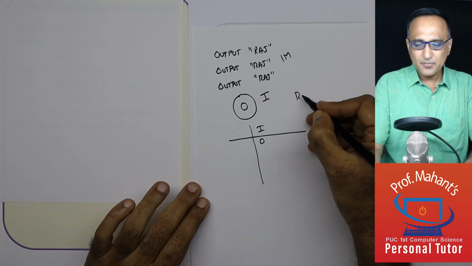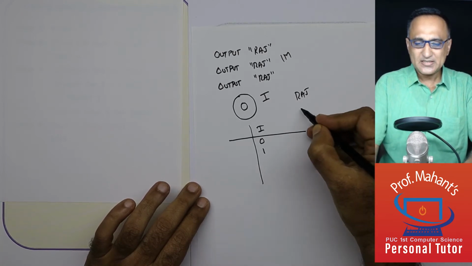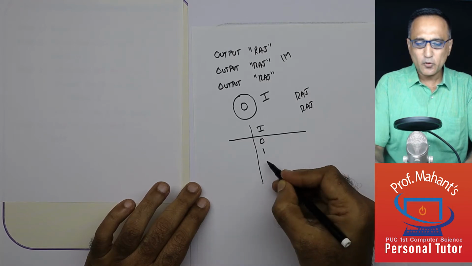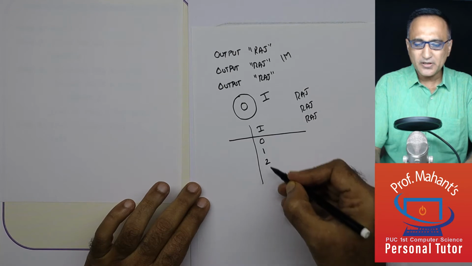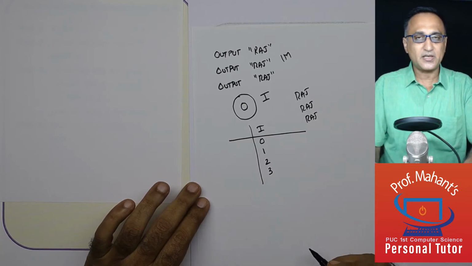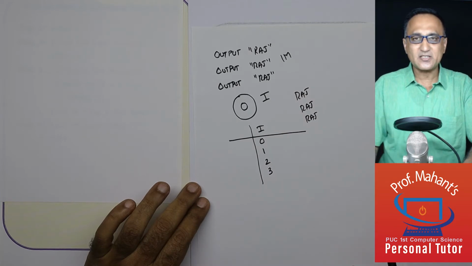First time, let's say I print Raj. I am going to make it 1. Second time when I am going to print Raj, I am going to make it 2. Third time when I am going to print Raj, I am going to increase 2 by 1. I am going to make it 3. This tells me I have printed my name Raj, Raj, Raj 3 number of times.